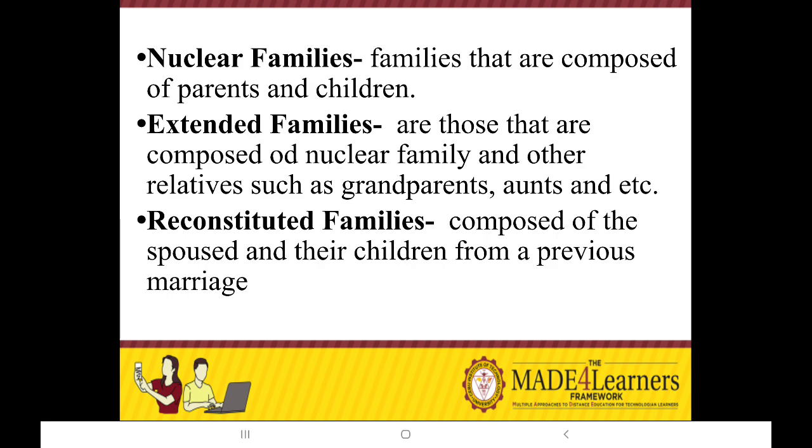While the reconstituted families are composed of the spouses and the children from the previous marriage. The nature of the family in recent times has undergone certain transformations. The conventional image of a nuclear family has now been redefined by certain social changes.